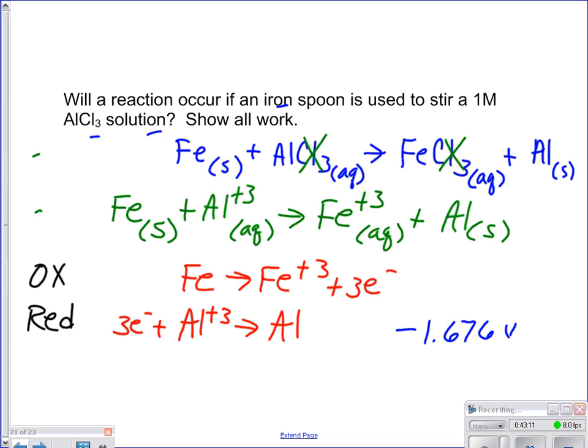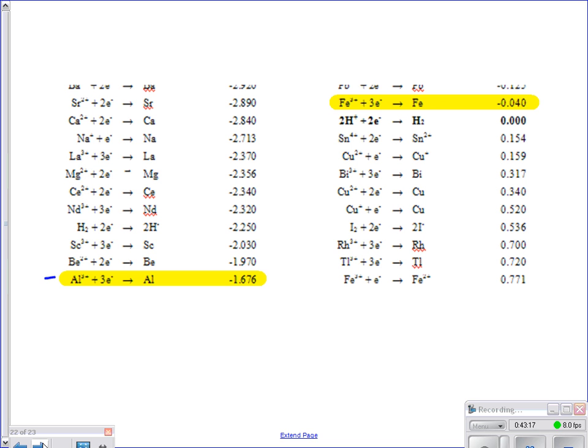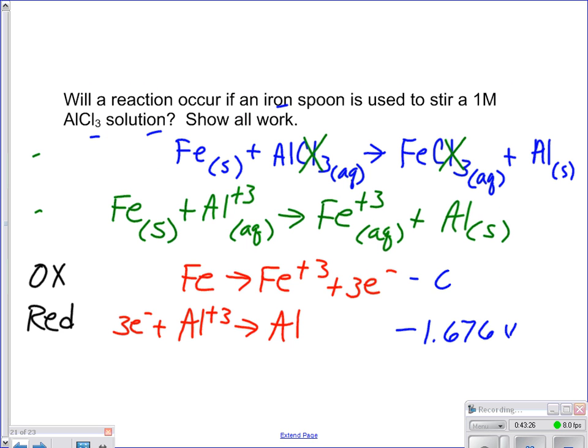Whereas your iron, and be careful, make sure you grab that iron plus 3. It's an oxidation half. So because of that, we have to flip the sign. So it becomes, instead of being a negative 0.40, it is now a positive 0.040. So this means that when we add this up, I think I'm doing this right.